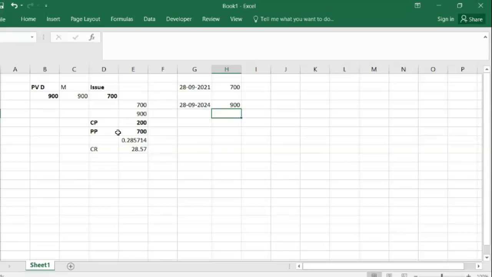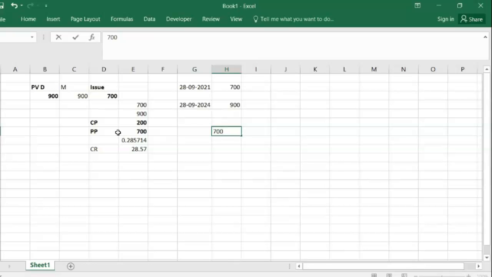Here, 900 is the maturity value, or face value or par value of the security, but it is not issued at 900 rupees, it is issued at 700 rupees. 700 was paid by the investor.